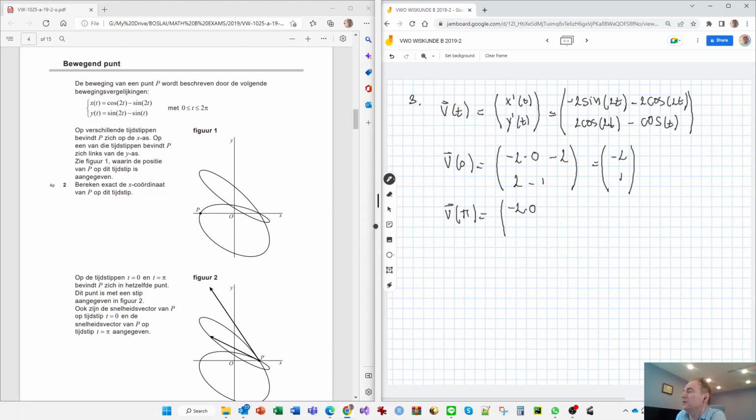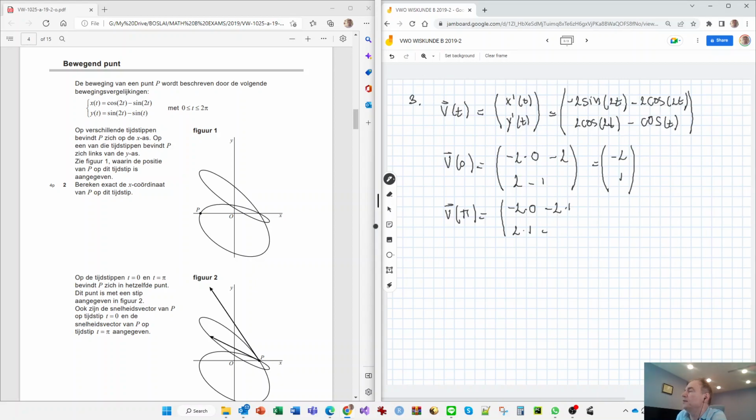Minus 2, 0, minus 2 times 1, and here I get a cosine of 4 pi, so I get 2 times 1 minus the cosine at pi.